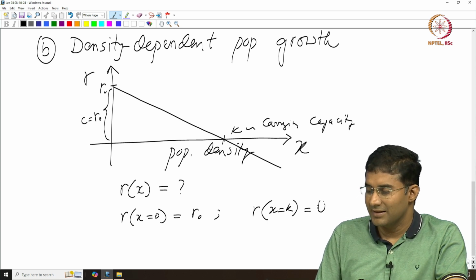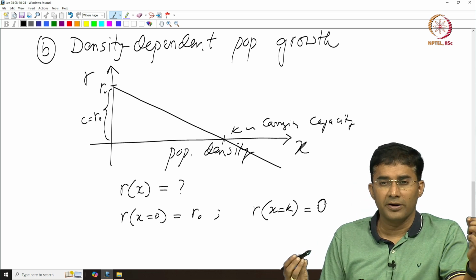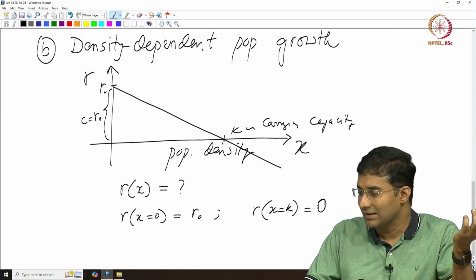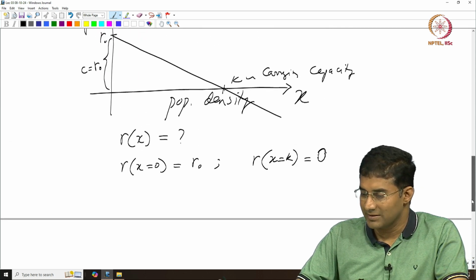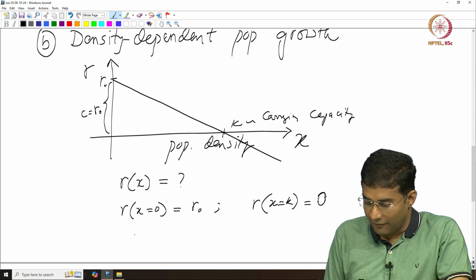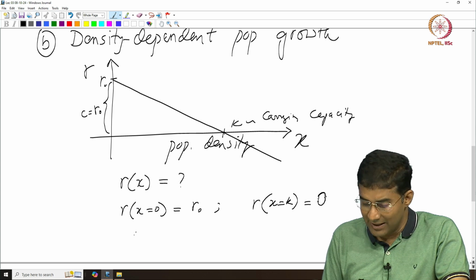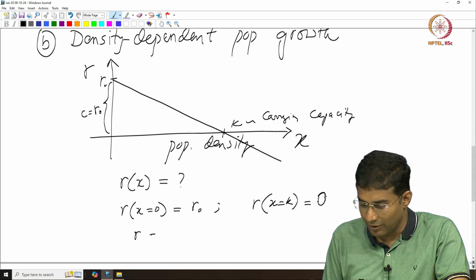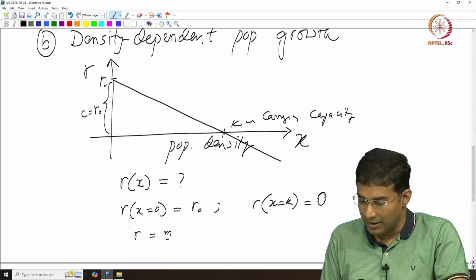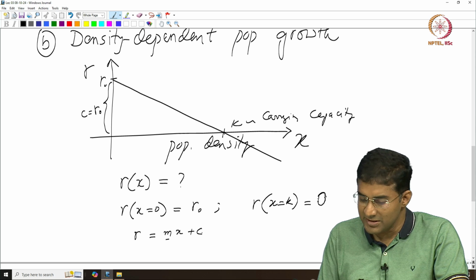To determine an equation for a straight line, we only need to know 2 points, and then we can determine the equation uniquely. So, let us do that. Let us use the formula y is equal to mx plus c, and remember that y in our case is r of x. So r is equal to mx plus c, where we do not know the slope m, x is the population density, and c is the intercept.